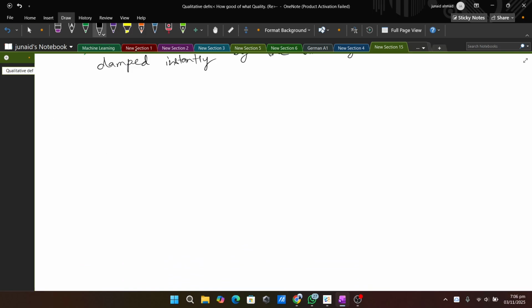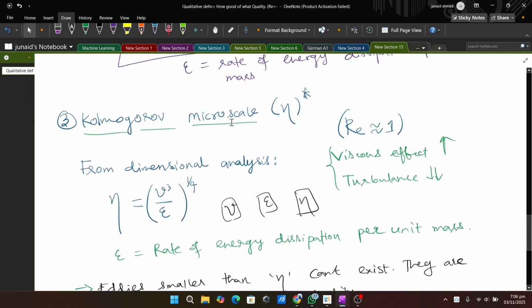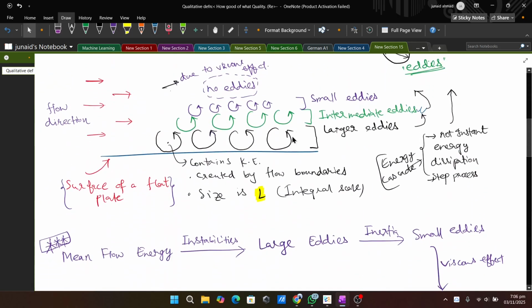Now we will be looking at the relationship between the scales. In the case of the larger eddies, we have studied this scale L, the integral scale. In the case of the intermediate eddies, we had what? We had this lambda, which is the Taylor microscale.